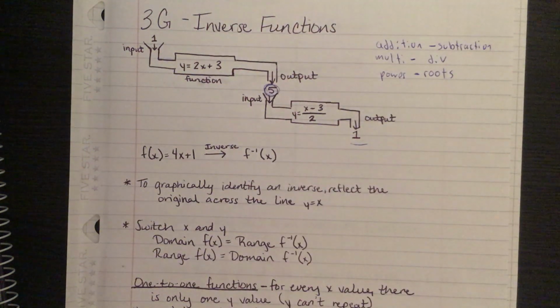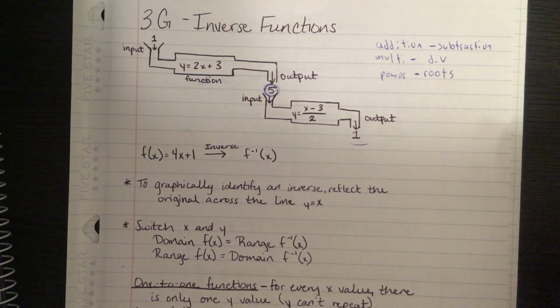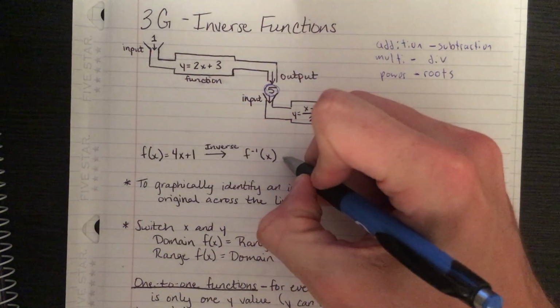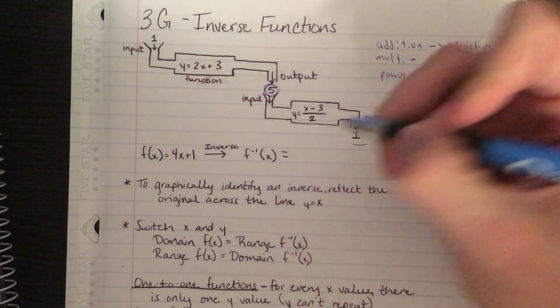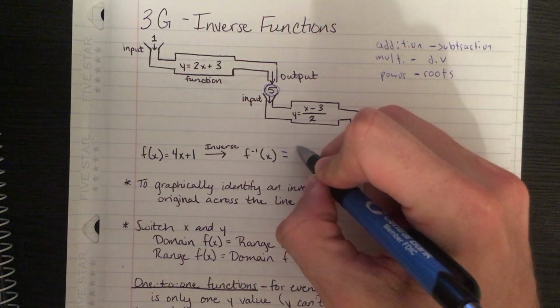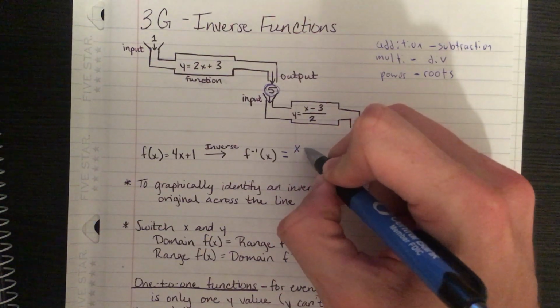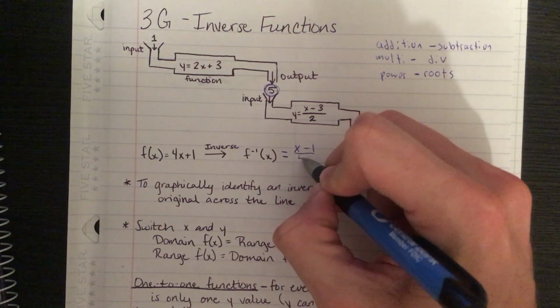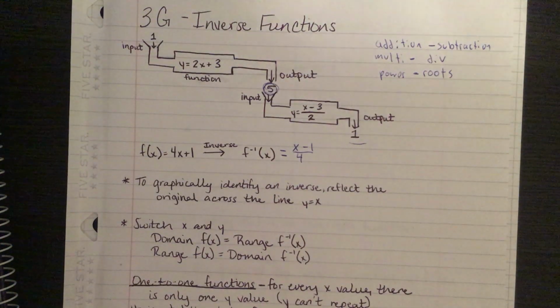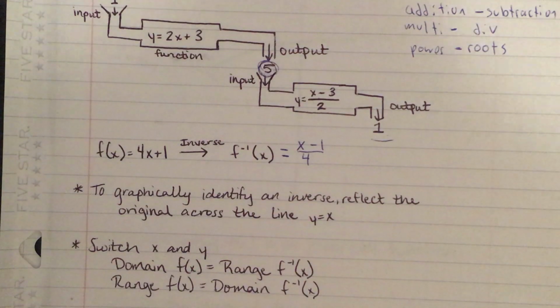The -1 signifies that we've got an inverse. I'm at the point where I can eyeball these and tell you what the inverse would be, so I'm just going to write it real quick. We'll talk about how to solve for it in a sec. That's going to be x minus 1 divided by 4. That would be the inverse function of 4x plus 1.